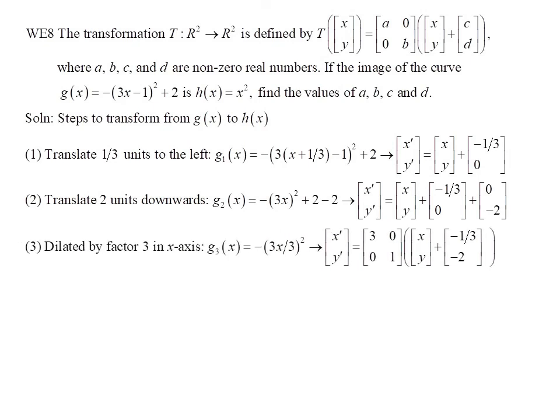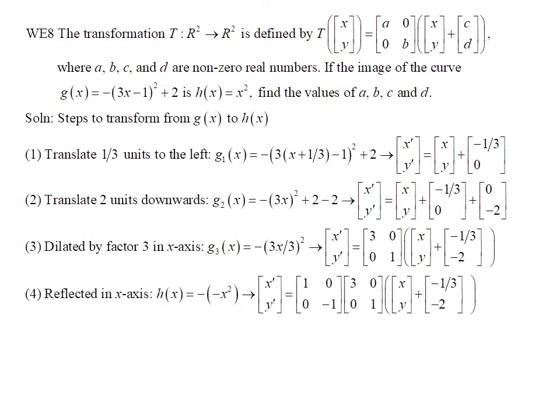The next step of transformation is to apply a dilation factor 3 parallel to x-axis, which replaces x with x over 3 in the function of the previous step. In the meantime, the matrix equation illustrating such a transformation is also shown. The last step of transformation is the reflection in x-axis, in which we multiply the function from the previous step by -1.